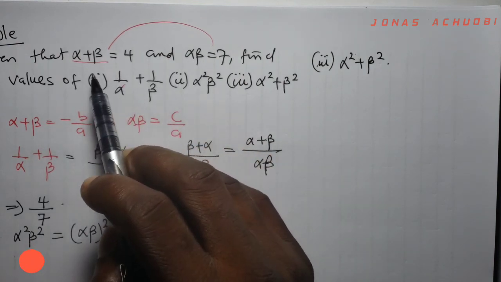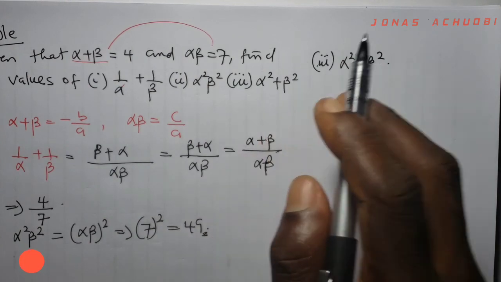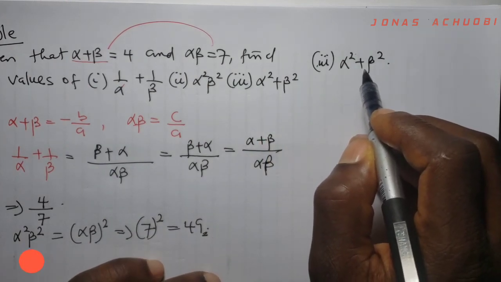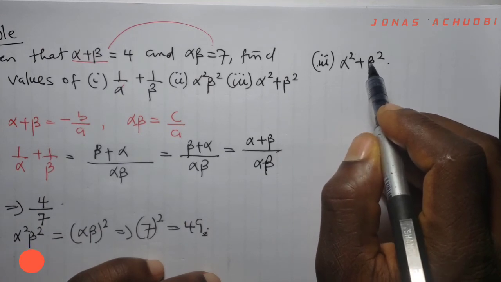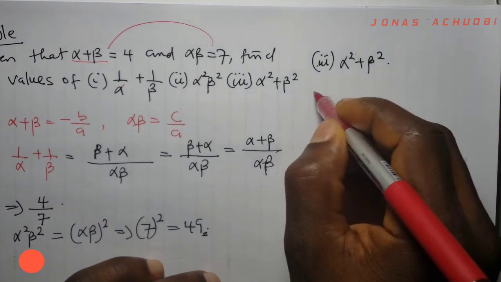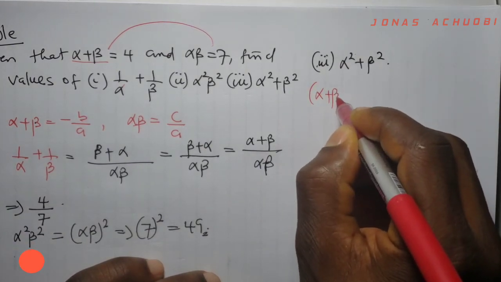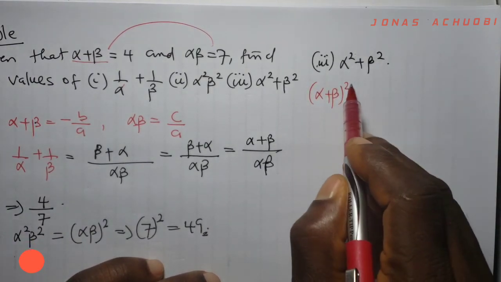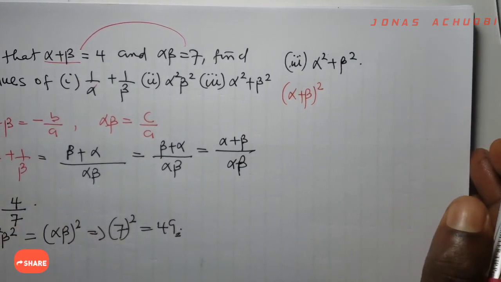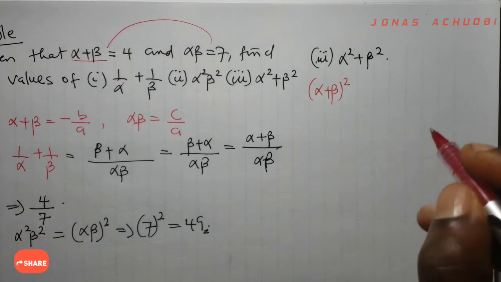Now, in this situation, what comes to my head is the square of a sum. What I mean is this: I have alpha plus beta all squared. This is called the square of a sum. Let us try to expand this square of a sum and see where it leads us.